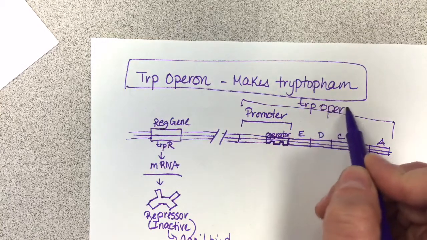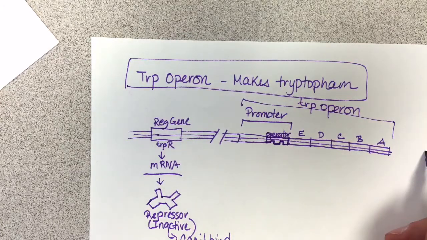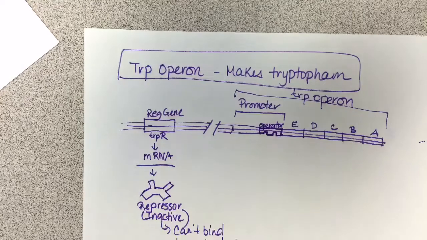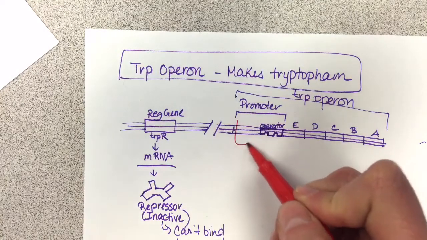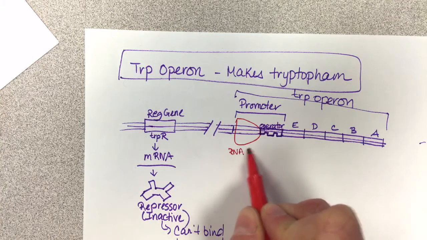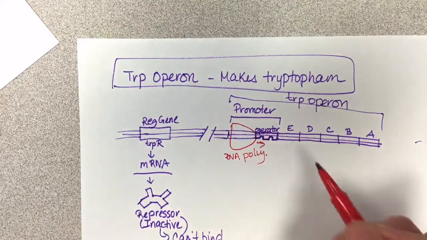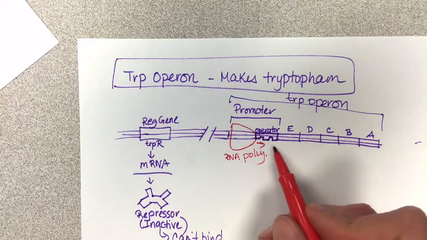So if this can't bind, then that means that these genes are normally on. Therefore, RNA polymerase, I'll do it in a different color here, RNA polymerase is able to come and bind to the promoter region, and it is able to transcribe the genes. So as it moves, what does it do when it transcribes?